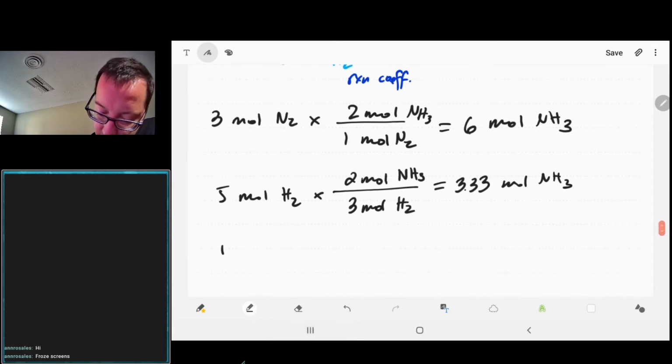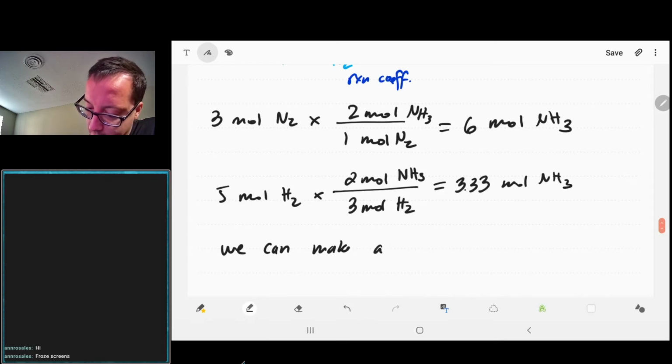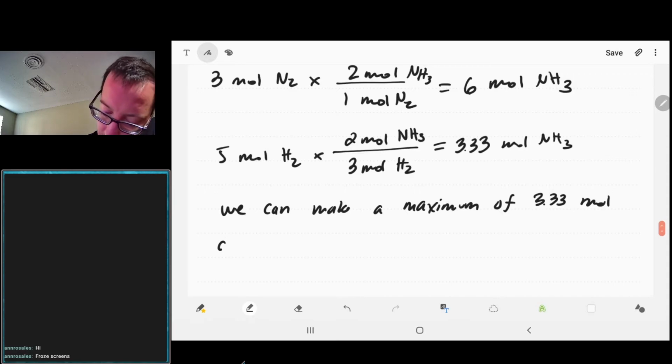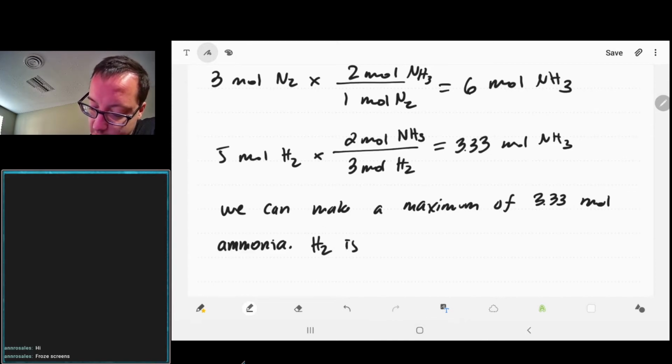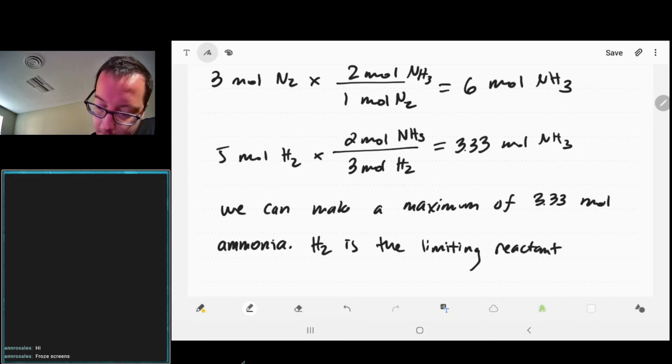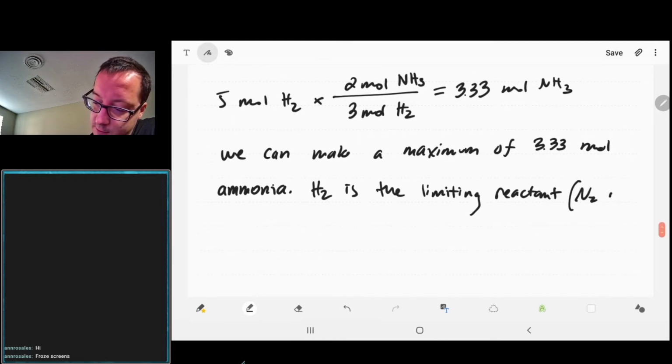So we can make a maximum, and we can also say that hydrogen is what's called the limiting reactant. And we can say N2 is excess.